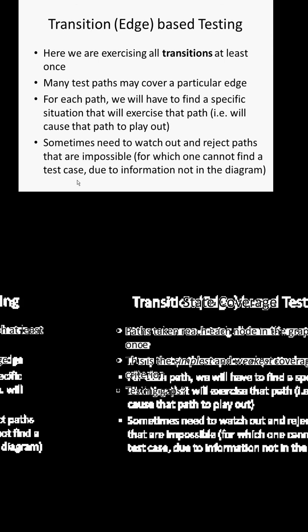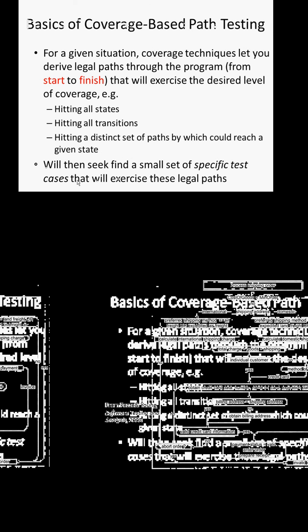L has many inputs. In this case, I think it's the same as node coverage. Among other things, this is not going to require any cases where, in order to get to F, there's only one way to get to F from, for example, D.